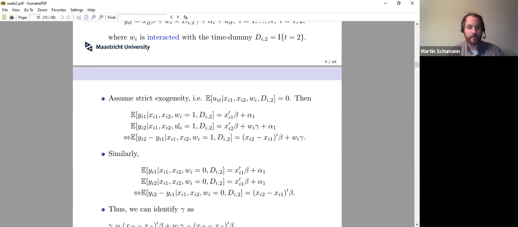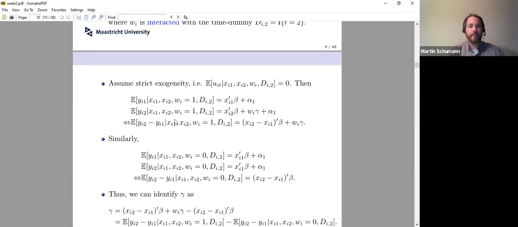Because you set W here to 1, you could in principle plug this in, so this is simply 1. Therefore, if you take the second equation minus the first equation, you get this here. Okay, so far, so good. The alpha has been removed.